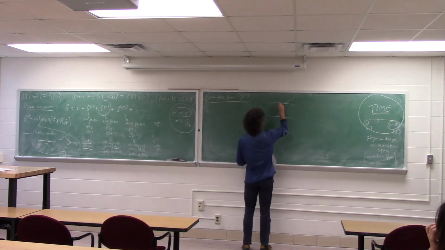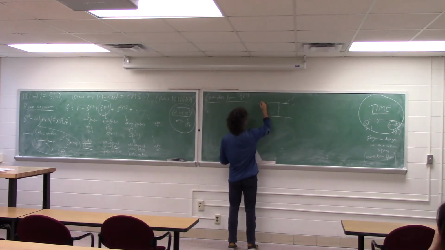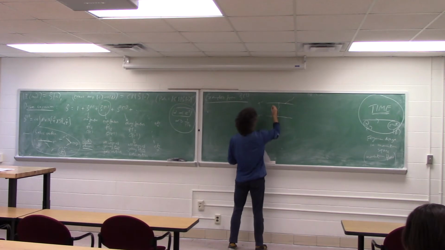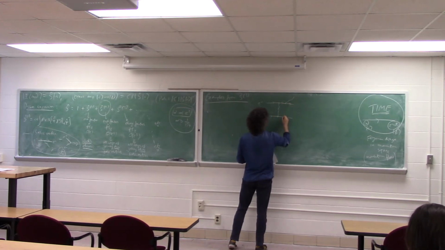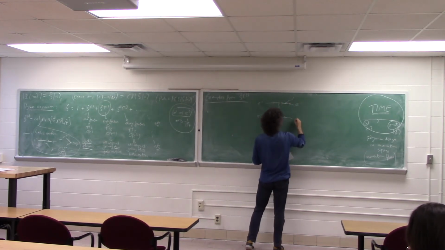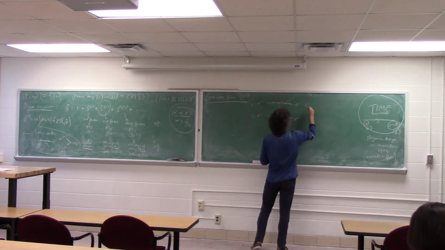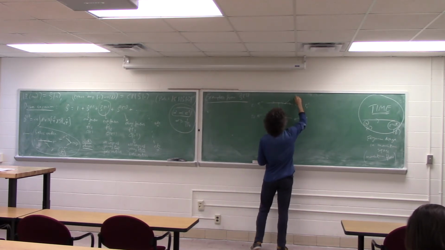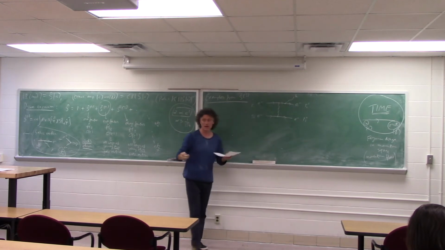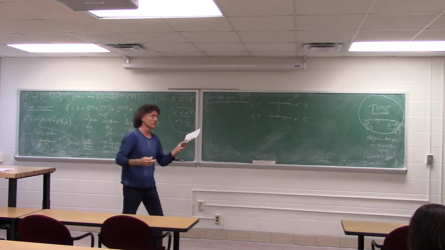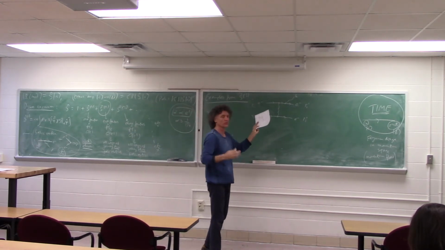So here I've got 1, 2, 3. Say two electrons come in, with initial momenta P1, P2, and then P1 prime, P2 prime, and momentum K. The two electrons scatter, and one of the electrons emits a photon.